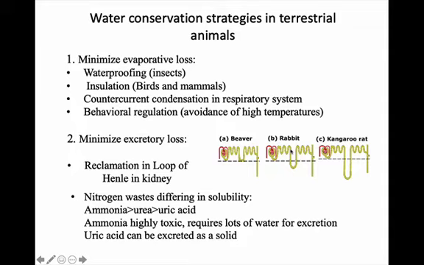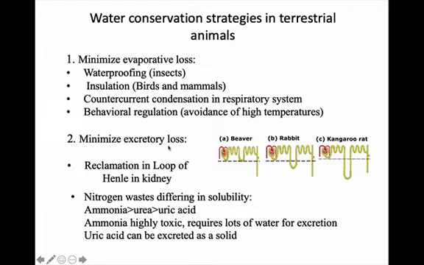Rabbits need to be a little more careful, and they reclaim more water because their loop of Henle is longer. Kangaroo rats have an extreme osmotic gradient at the tip of the loop of Henle and reclaim nearly all the water from their urine and produce a very concentrated urine that can verge on the powdery at times.